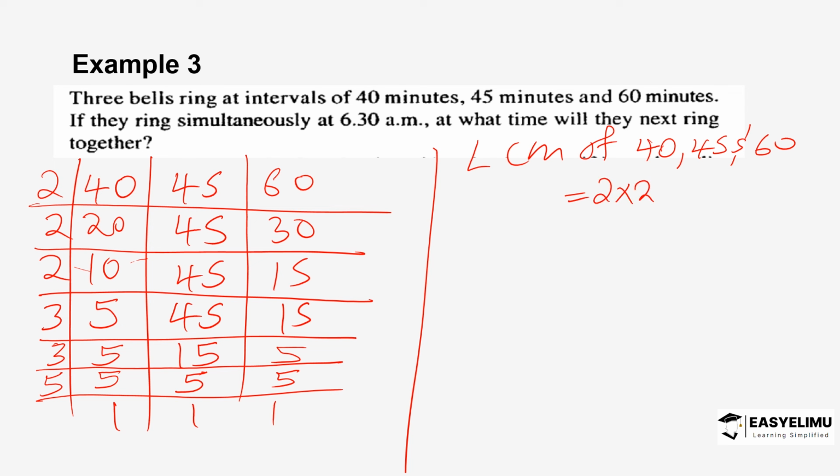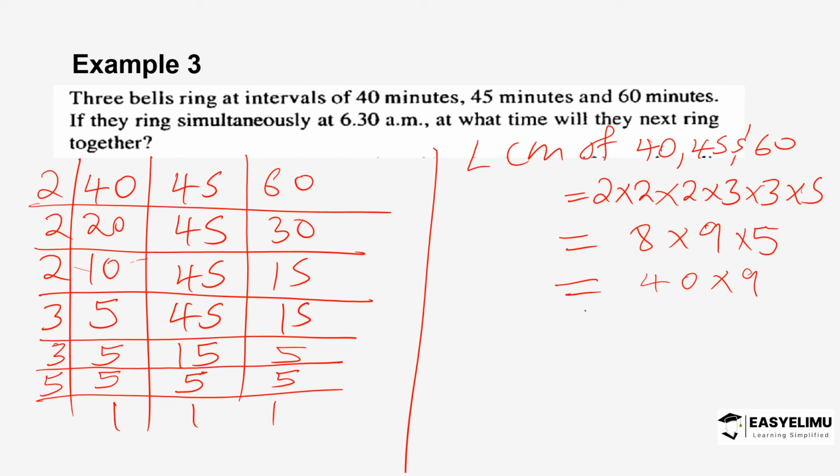So 2 by 2, by 2 by 3, by 3, by 5, which is going to be 2 by 2 is 4, 4 by 2 is 8, 3 by 3 is 9, and that is 5. So again, you multiply 2 numbers that will give us a number ending in a 0. So 5 by 8 to give us 40, and then multiplied by 9. And of course, 9 by 4 is 36. Then you add the 0.